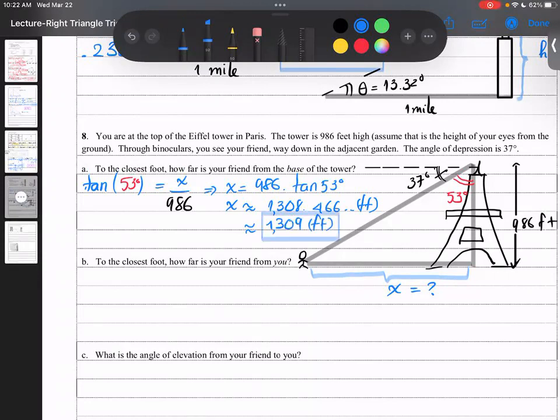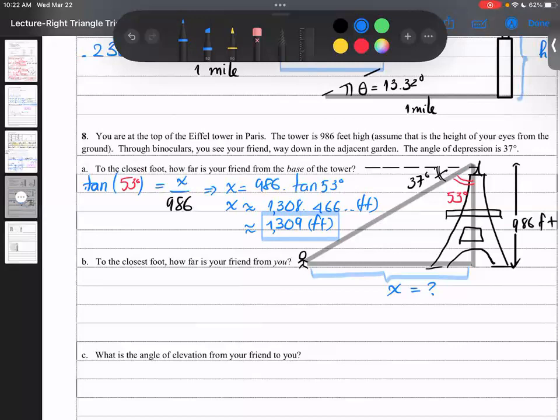Very similar to the one that we just did. To the closest foot, how far is your friend from you? Which one am I calculating for part B? The hypotenuse, right? We have the two legs. Can I use my Pythagorean theorem instead?